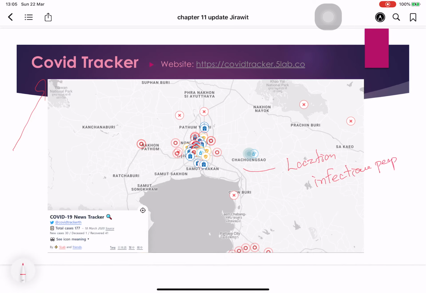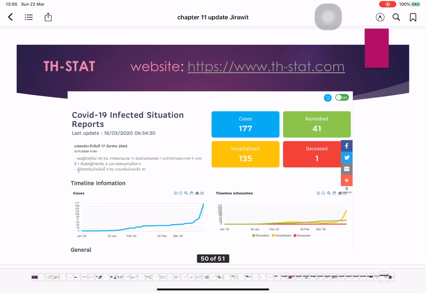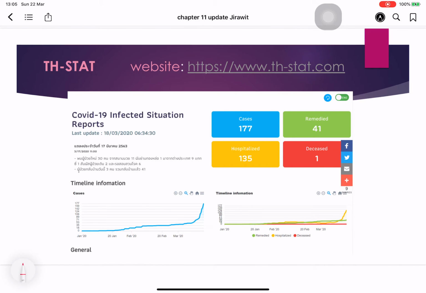People, okay, or country. And this is a website where you can see the graph. You can see how many people have been infected, and you can see the graph in real time.